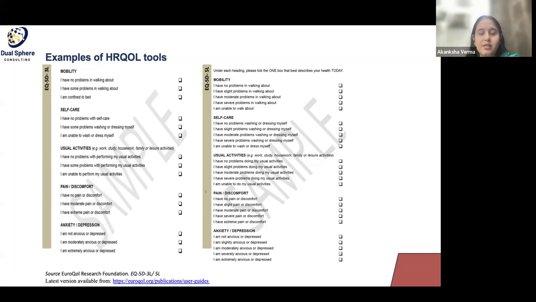Based on their responses, a score is provided to them, a number is allotted, and then based on that, a health related quality of life utility value is derived. Okay, next slide, please.